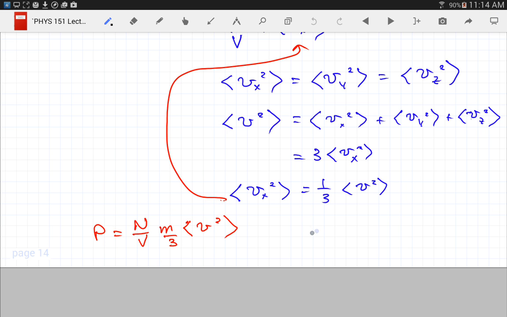Remind your poor deluded teacher, what's the ideal gas law? Okay, PV is equal to NkT, right? So this here, if I were to solve this for PV over N, I would have on the right side, PV over N is equal to kT.